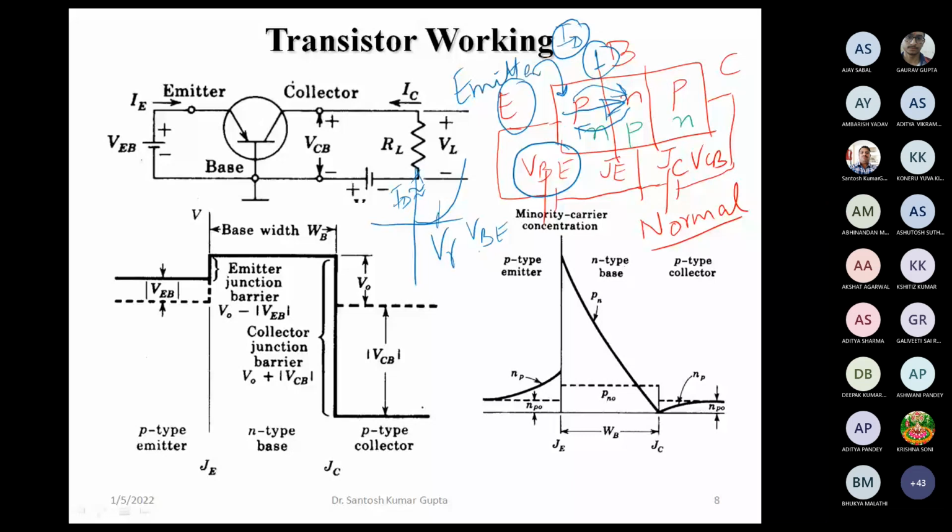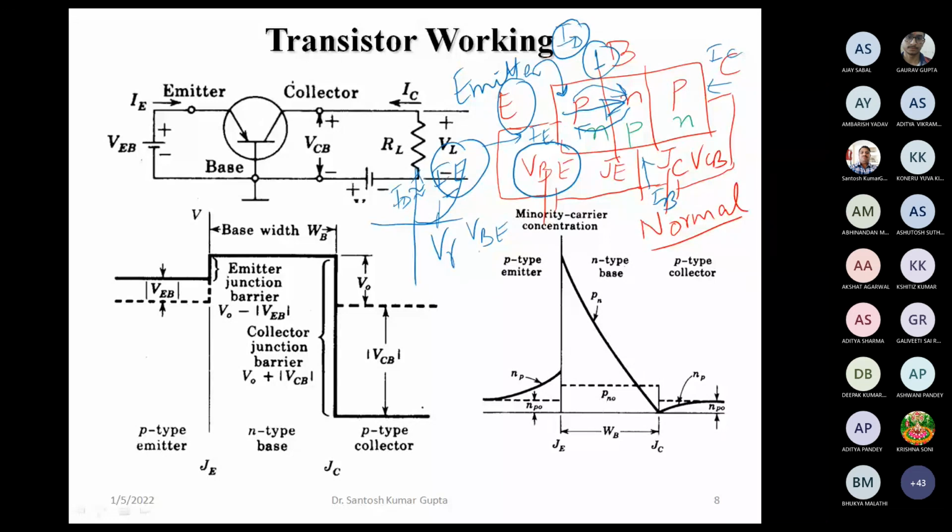Okay, from here on we shall call the currents by their terminal names. Already I think in the last lecture we tried to see this. The current flowing into the emitter, we call it IE here. Similarly, current IC flows into the collector, and current IB flows into the base.